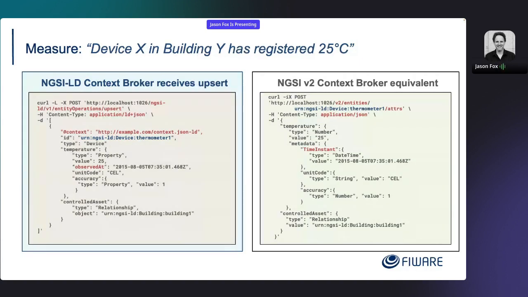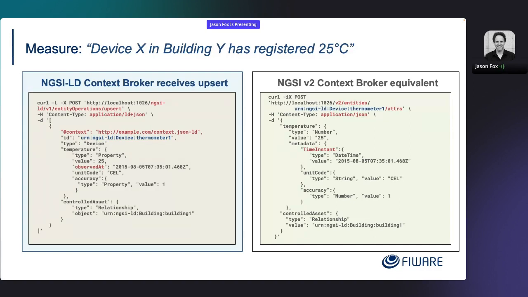And you'll notice there also that both observedAt and unitCode are special in that they are what's called non-reified. It means that the data doesn't need to have a type and a value. It's already defined as being special enough to put the data in. Whereas if you want to add in additional metadata like accuracy, in this case, you need to add in a property of a property which has got a type and a value and what have you.